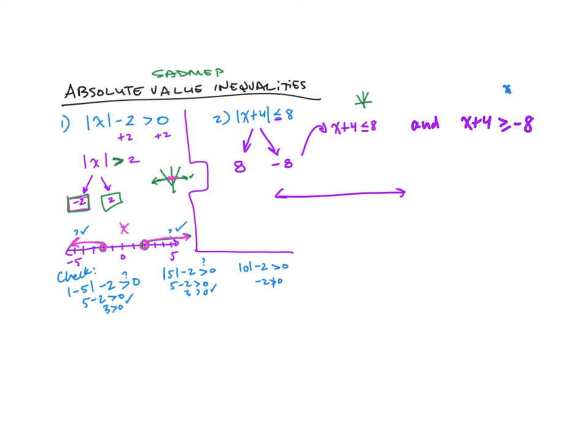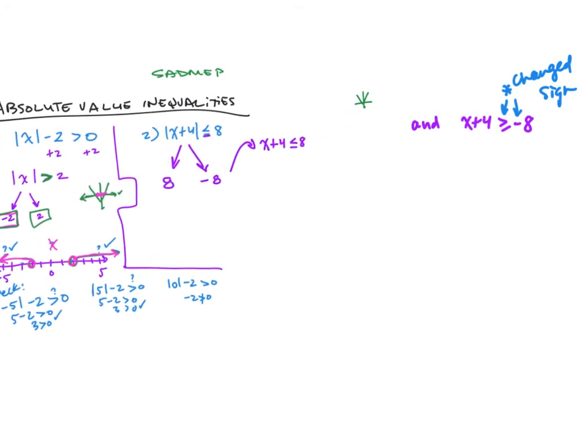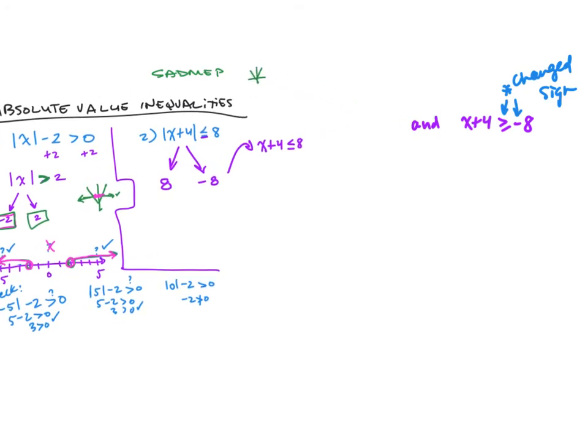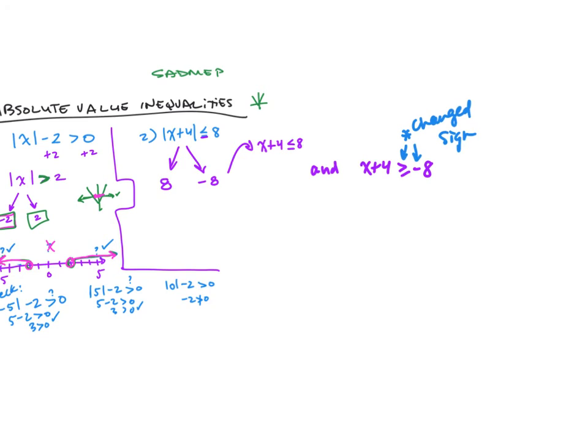So notice that I changed the order because it's negative. Changed sign, direction. Okay, so I'm going to erase this for a second, and then I'm going to move that for a moment.